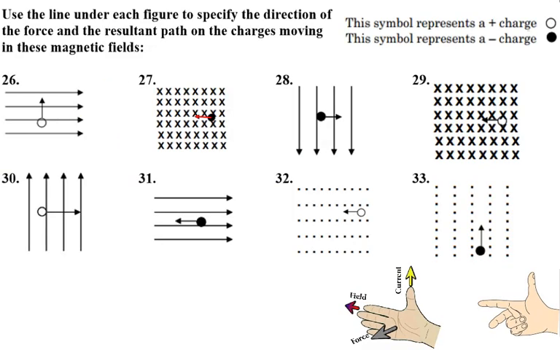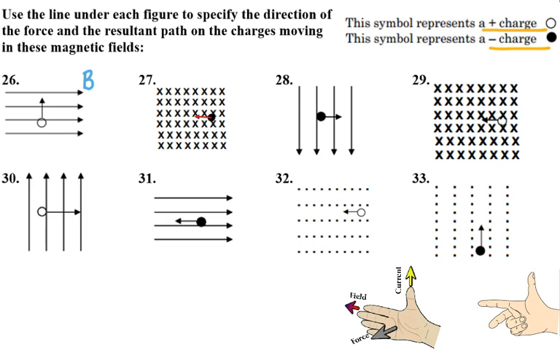In this question, what they tell you is you have a positive charge which is not bubbled in, and a negative charge that is dark or bubbled in. And the magnetic field lines are shown as well. So in the first problem, it's the same rule. I have the magnetic field line and the positive charge is moving up.